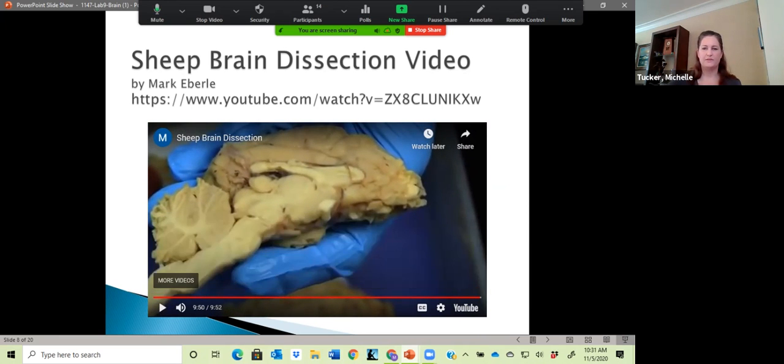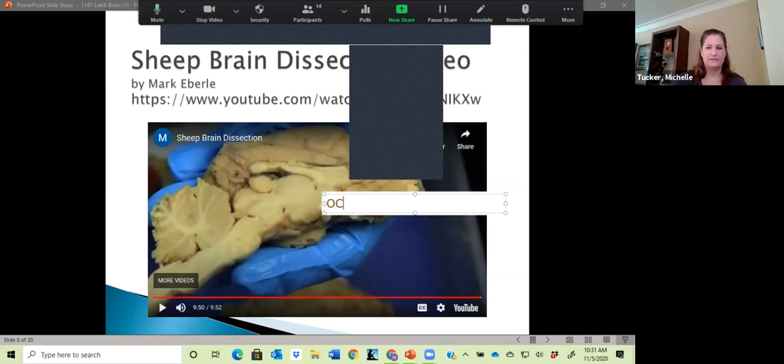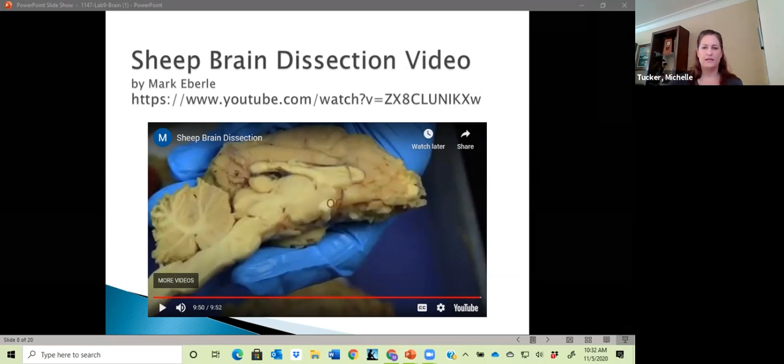Okay, so one thing I do want to point out on this view is you can see how white this optic chiasma is. It didn't show very well, but it is very white.